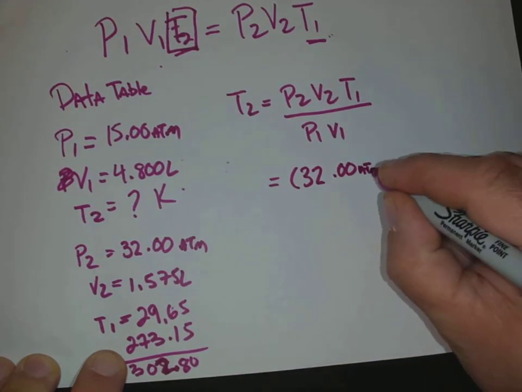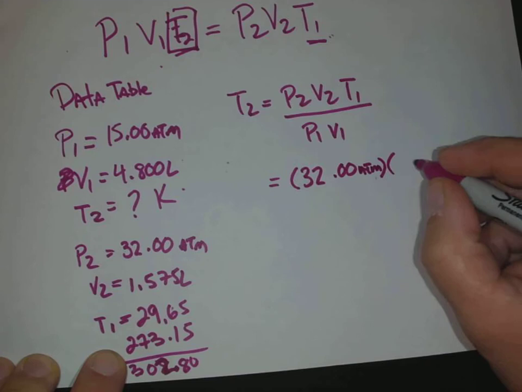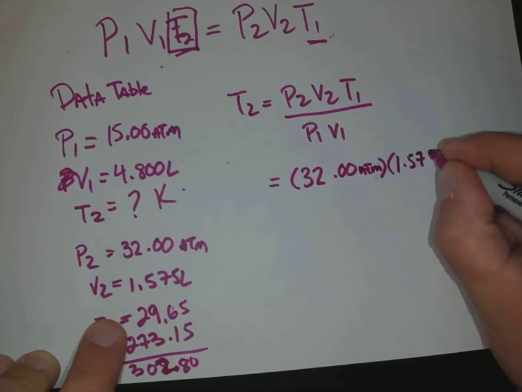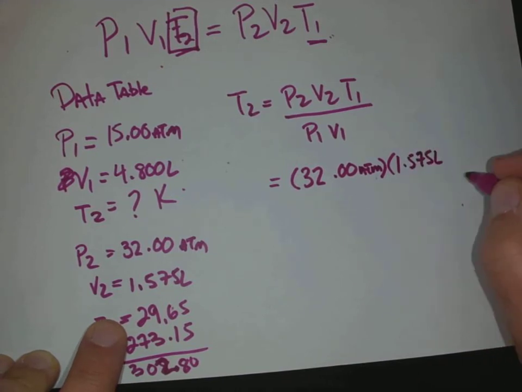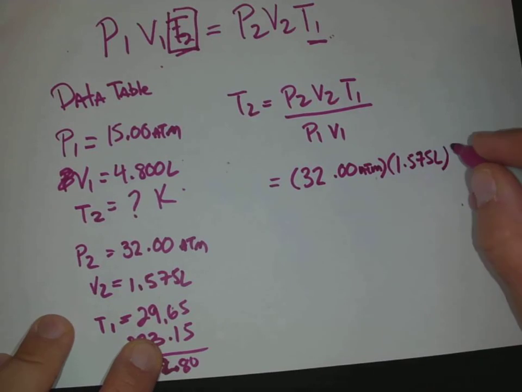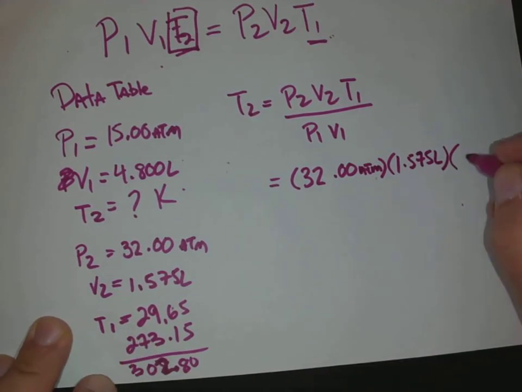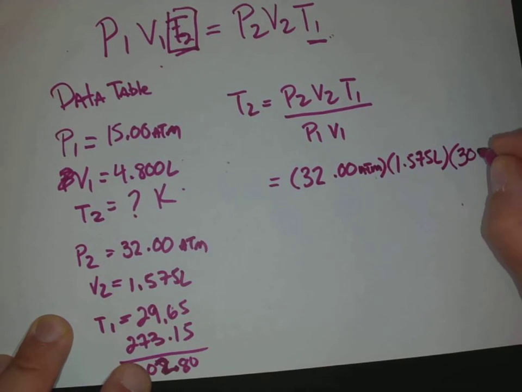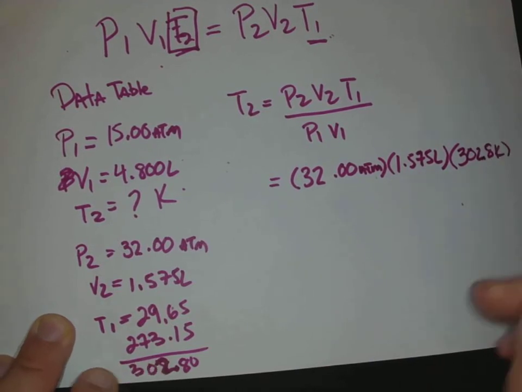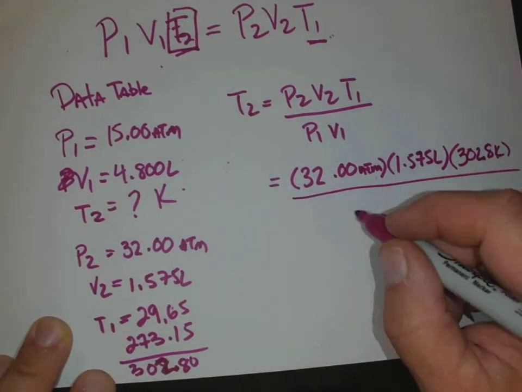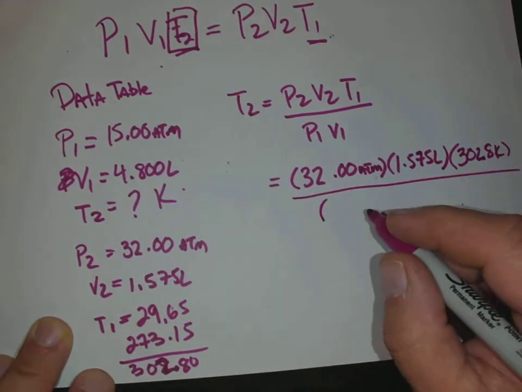You know what, I'll just write the units in there. V2, 1.575 liters. And T1 we said is 302.8 Kelvin, divided by the initial pressure.